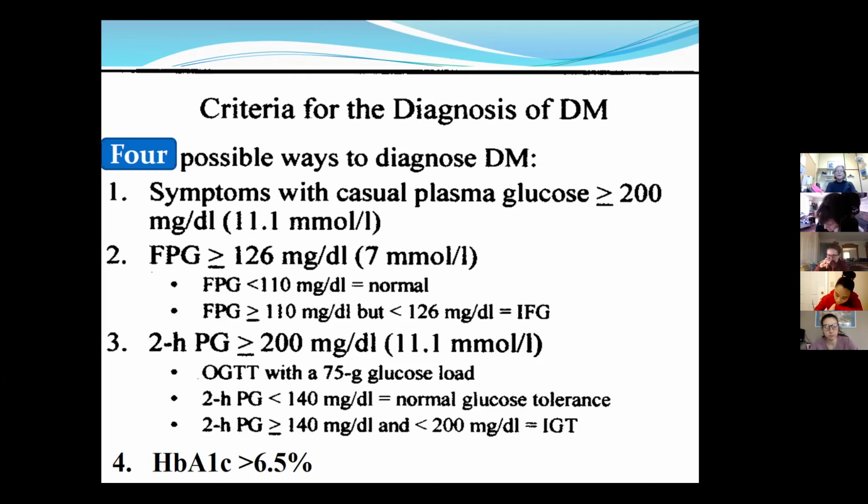So if the physician or nurse practitioner or physician's assistant were to order a 2-hour postprandial glucose, the person would drink a 75-gram glucose load and have what's referred to as an oral glucose tolerance test.